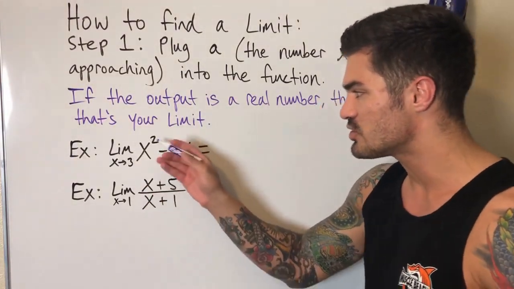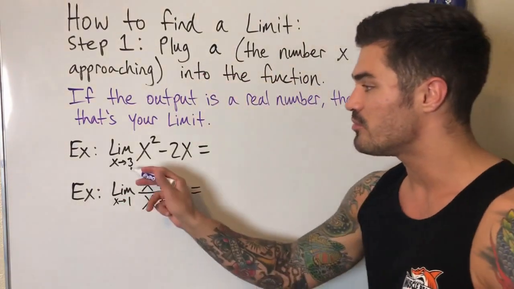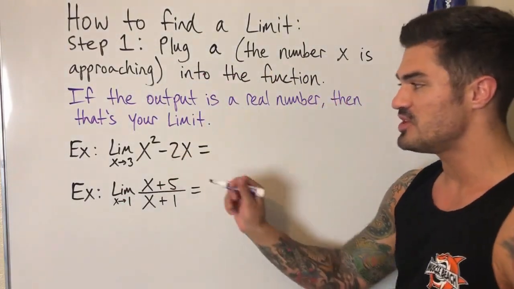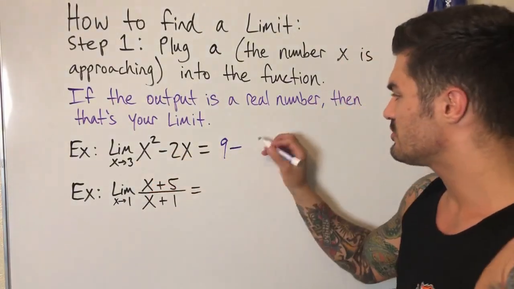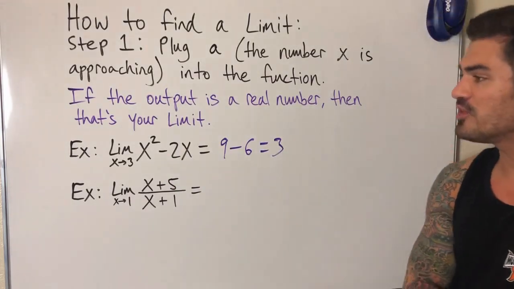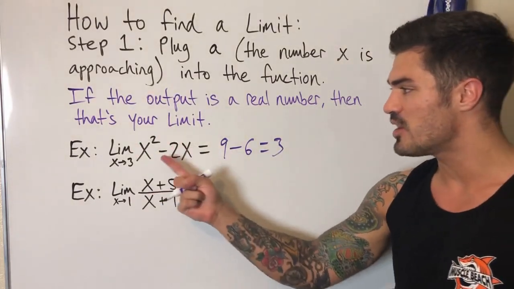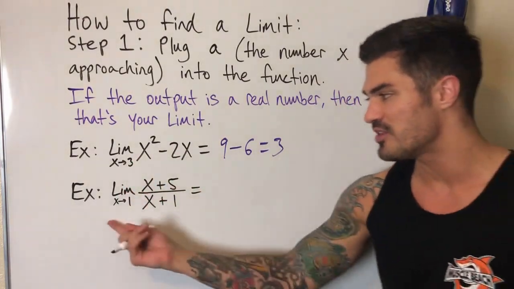So the limit of x squared minus 2x as x approaches 3: I'm going to follow step 1 and plug 3 into this function. So 3 squared is 9, minus 2 times 3, that's 6. This equals 3. I got out a real number, therefore the limit of x squared minus 2x as x approaches 3 equals 3. Okay, what about this example?